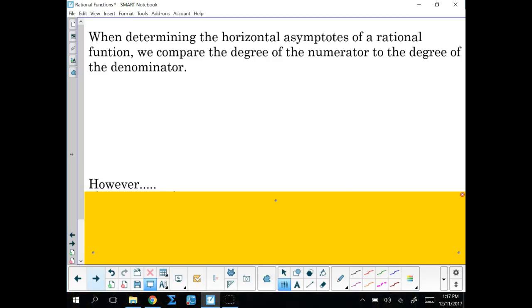Okay? It's not just an exponent. It's the biggest exponent. There is a difference. Whether you choose to believe it or not. So, when I compare the biggest exponents on the numerator and the denominator, what are my 3 options? Top is greater than the bottom is option number 1.